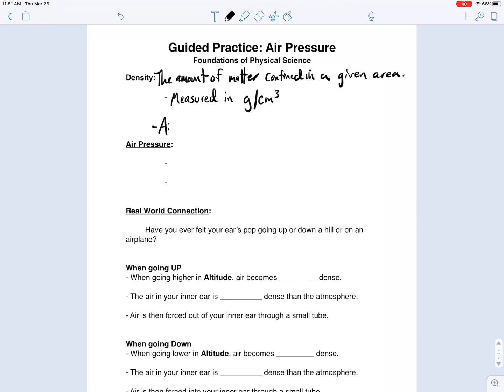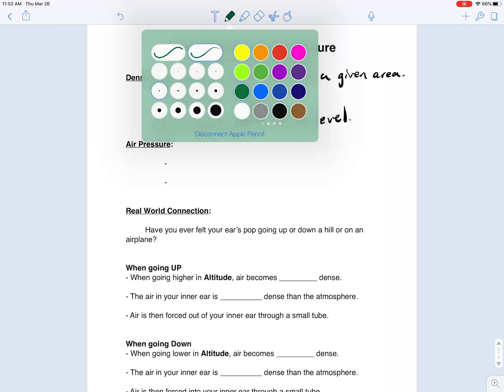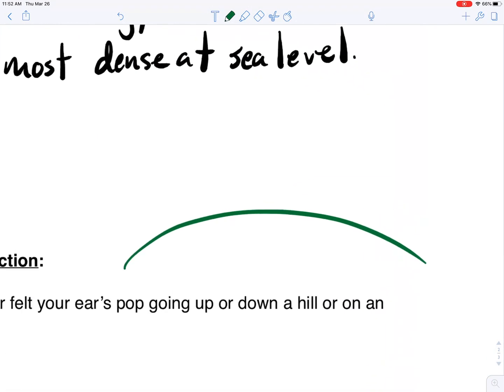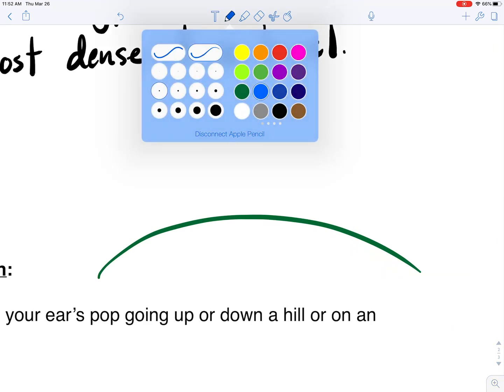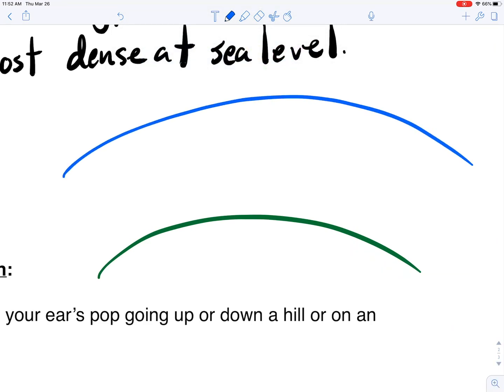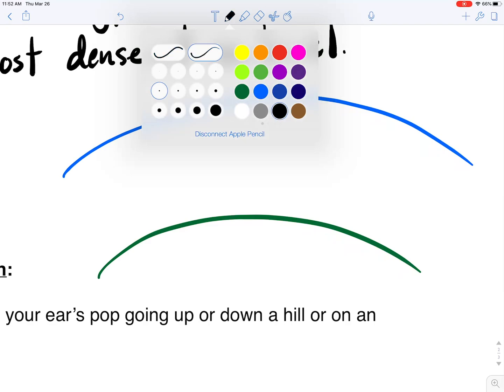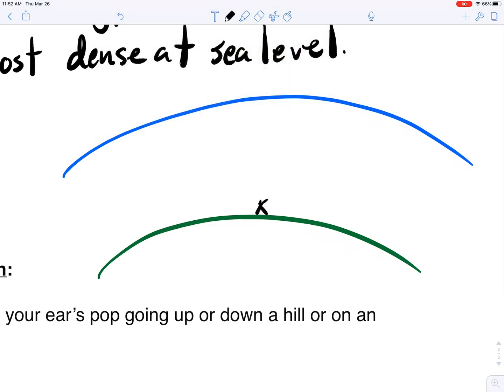So let's do this. Let's also note that air is most dense at sea level. And that's important to realize. When we think about our atmosphere, it's composed of a variety of layers, but the very lowest layer we call the troposphere. So if that's the Earth, and I zoom in, and we've got this bubble of air around us, and we're chilling down here at sea level.